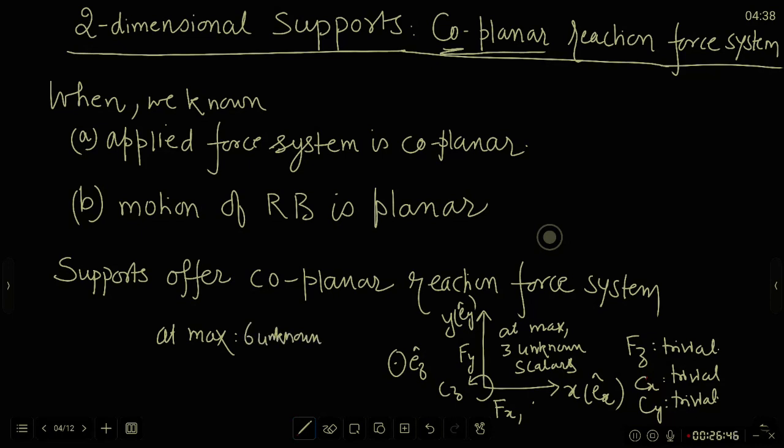Now with two-dimensional supports, coplanar reaction force system, at max, we will have three unknown scalars, Fx, Fy, Cz. That too will appear in some special supports. There may be sub-supports in which even less than three unknowns will be there. Let's have a look at them. Some more examples.